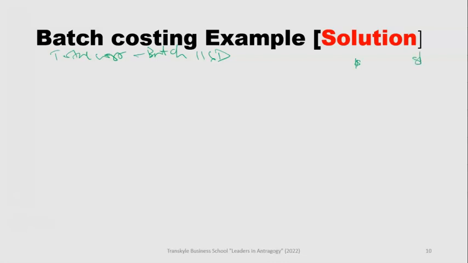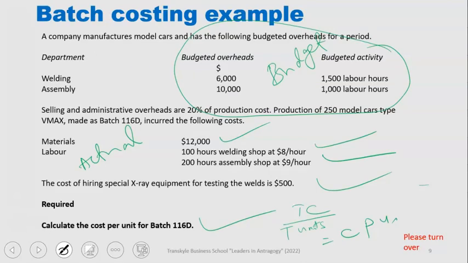Then we start as usual with the direct materials. We are told in the question that they were 12,000. Direct labor: that's 100 hours at $8 per hour.